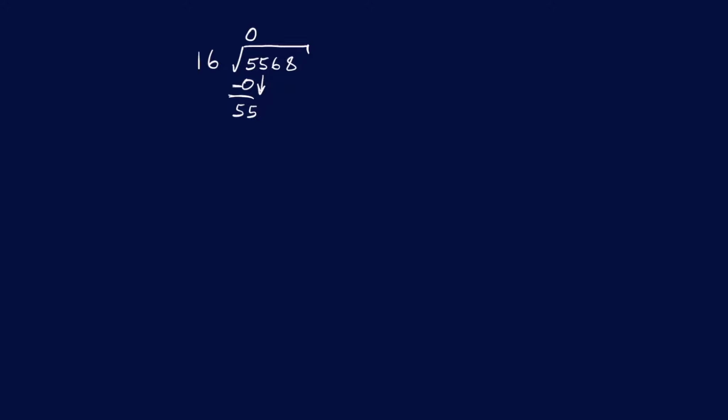So we have 16, 32, 48, 64, 80, and 96. So these are the first 6 multiples of 16.